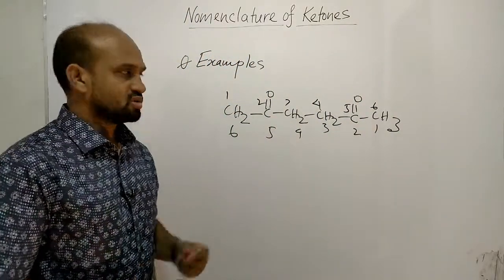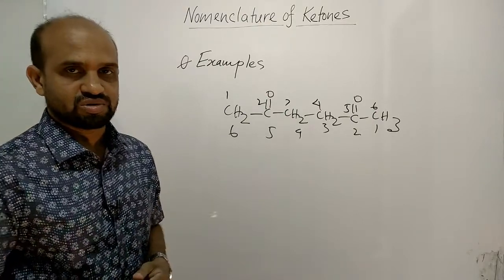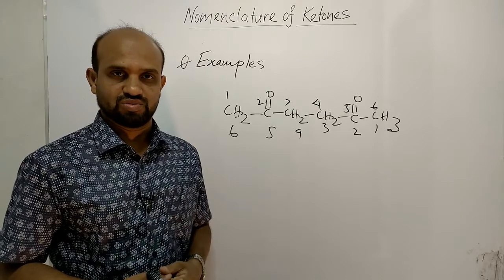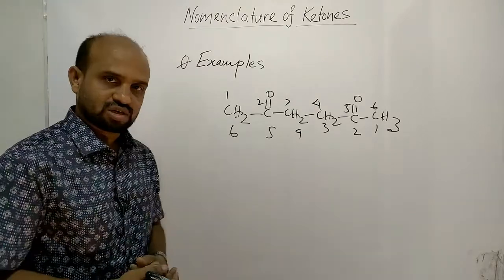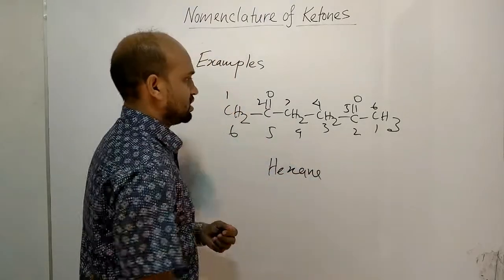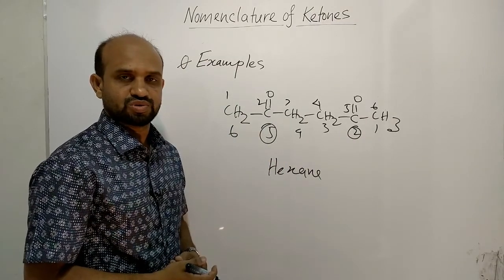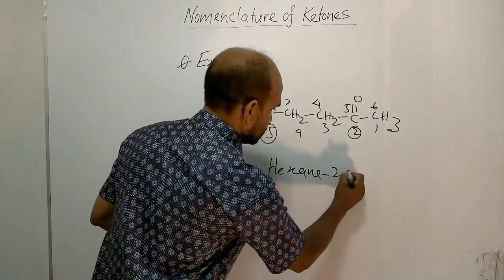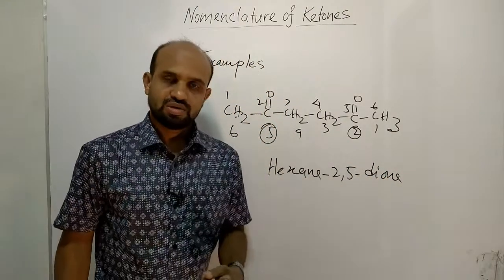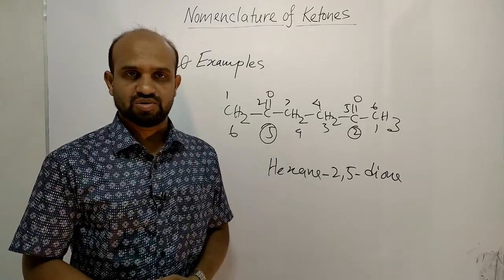This time also 2 and 5 are carbonyl carbons. So in this compound, side is not a problem in numbering the carbon atoms. Now here there are 6 carbon atoms, so hexane will come here, and carbon 2 and carbon 5, 2 carbonyl groups, so 2,5-dione. The name of this compound is hexane-2,5-dione.